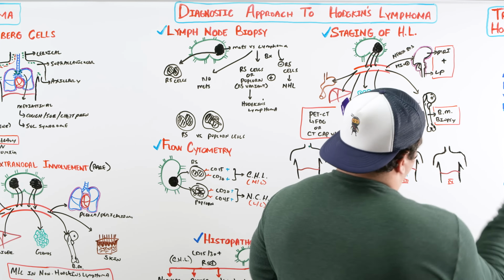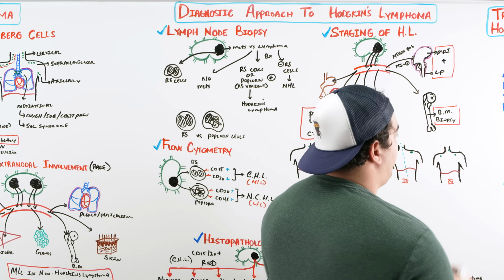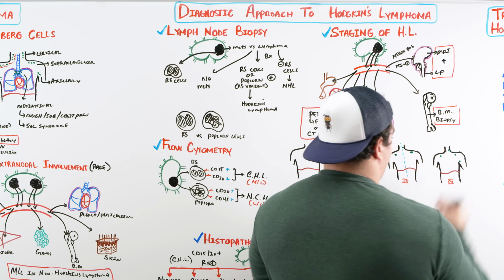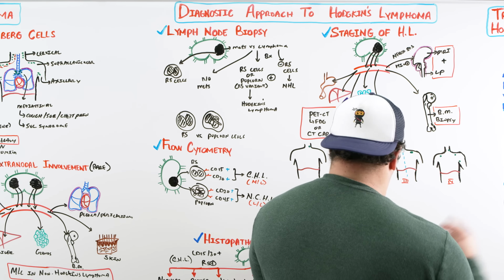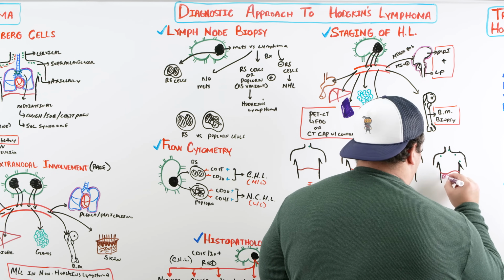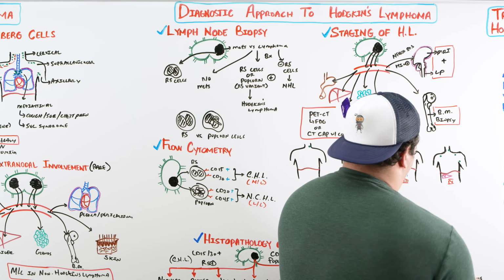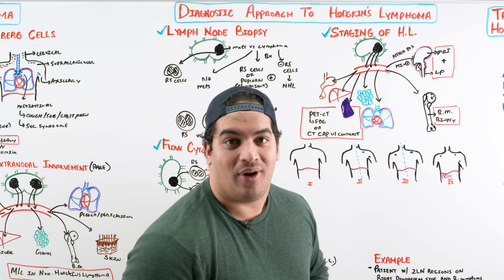And if I have 2 plus regions, again, on opposite sides or on both sides, and I have an extranodal involvement, let's just say, for example here, I pick the liver. I'm just picking the first one that I think of. There's extranodal involvement there. That is stage 4.